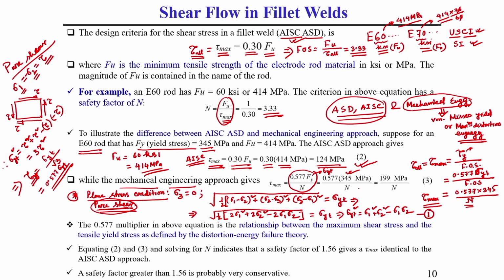This gives a value of 199 divided by n. Based on equation number 2, you got tau max, whereas according to the mechanical design standard, tau max or allowable stress is 199 divided by n.